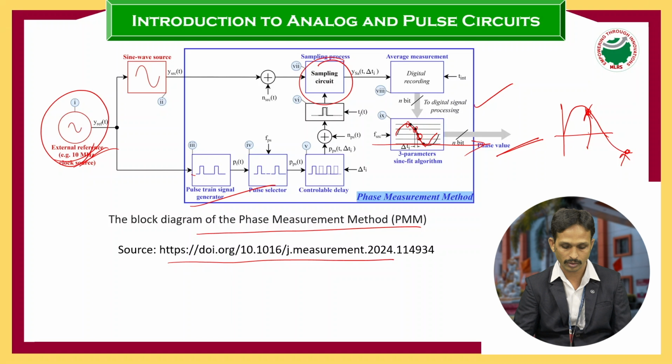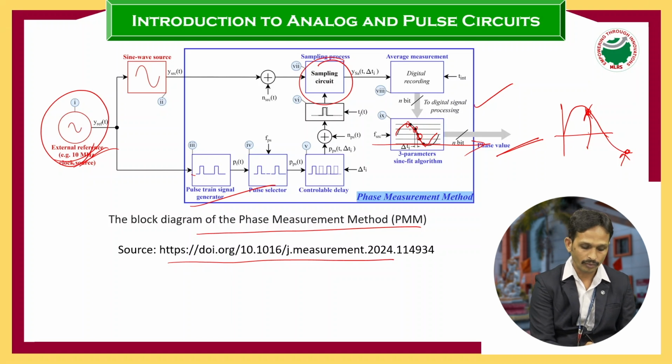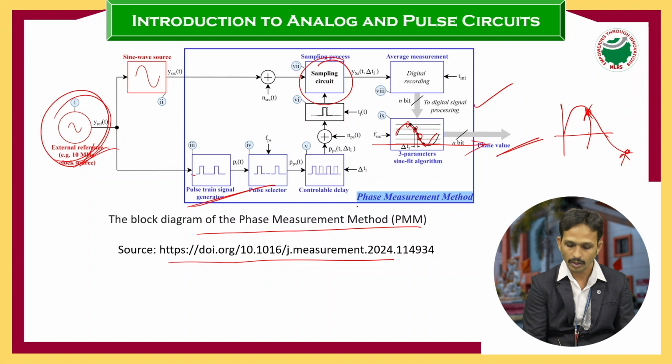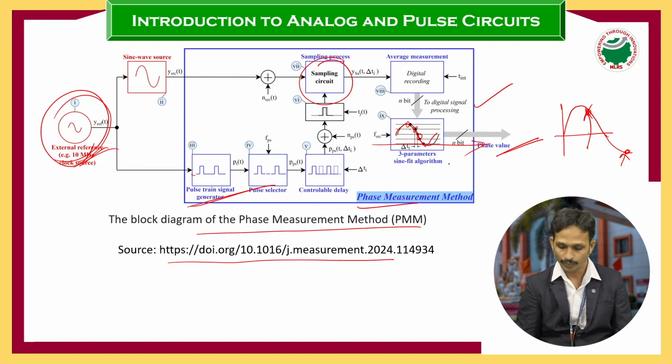In this circuit, we can use both the analog signal and the pulse signal to measure the phase of the signal. So both analog and pulse signals are required to generate the electronic circuits for different applications.